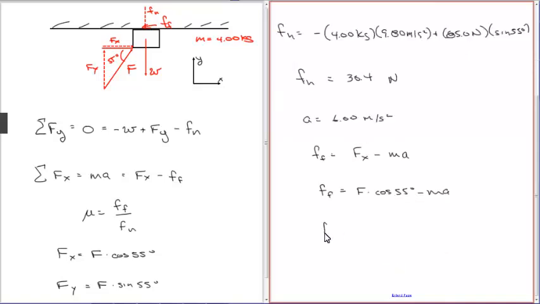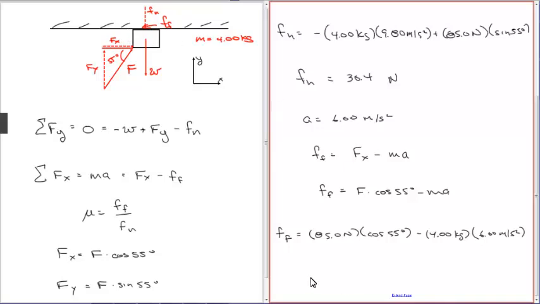So the friction force is the force, 85.0 newtons times the cosine of 55 degrees, minus the mass, which is 4.00 kilograms, times acceleration, which is positive 6.00 meters per second squared, accelerating because we're increasing the velocity in that direction.